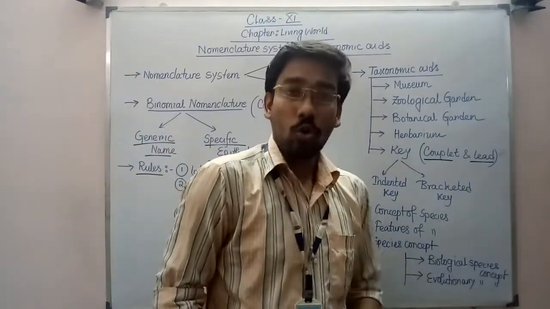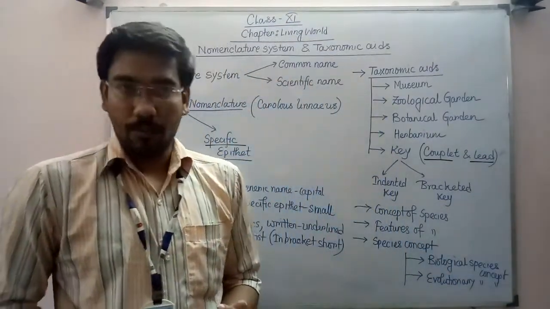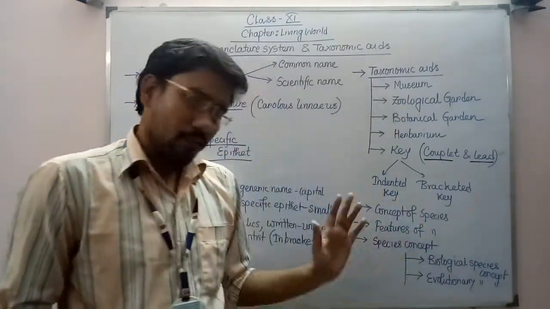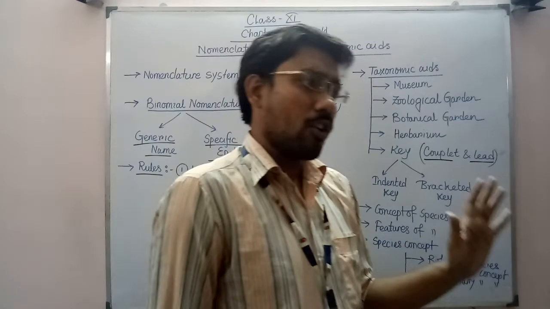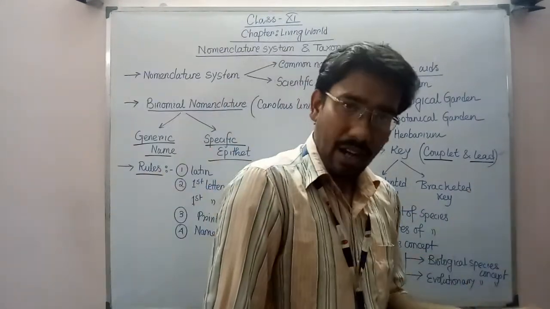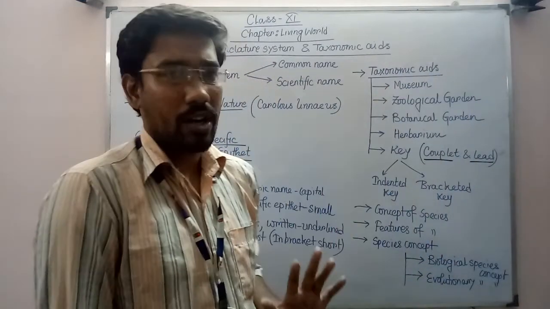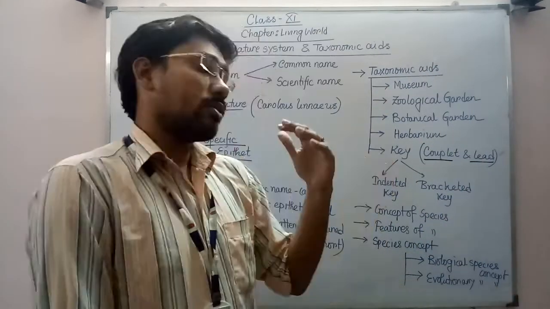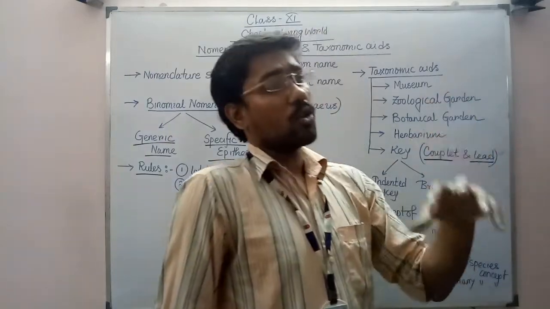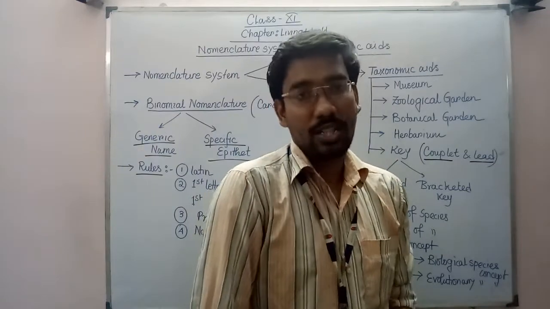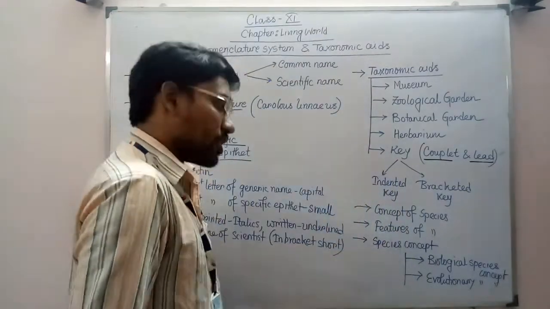So in the evolutionary species concept, the group of organisms show similarity and dissimilarity with the extinct organism, and through evolution we can understand how the group of individuals have come from their ancestor. That is the evolutionary species concept. So these are the species concepts that I have discussed last.